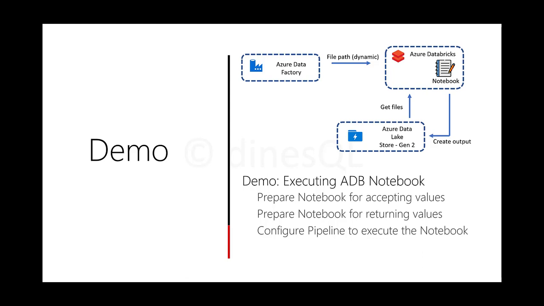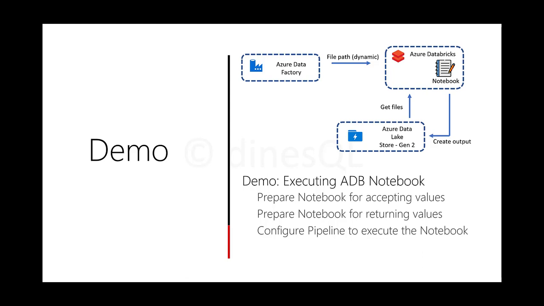I'm going to use the current date, form the path based on the date, and send it to Databricks. So that's going to be my input parameter. That value will be accessed by my notebook, and then it will use that value for accessing data in the data lake, and it will use the same value for forming the output path for saving the result in the data lake.